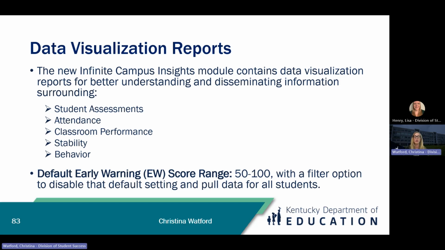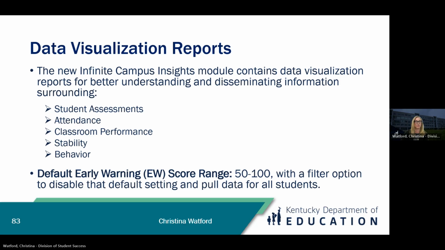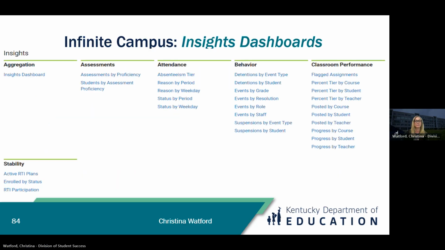Based on user feedback, we can now turn that filter option off so that you can pull data for all of the students that are in your building, not just those students that have an early warning score between 50 and 100. So I'm going to walk you through how to use the tool and how to set that filter so that you have a very clear understanding of how to use the tool for your user role and in order to be able to customize these reports to suit your needs.